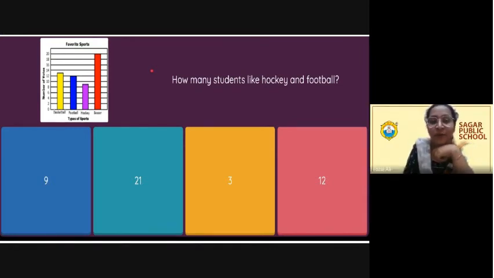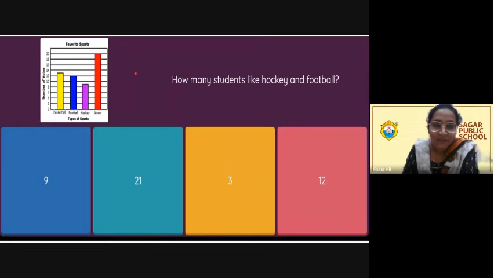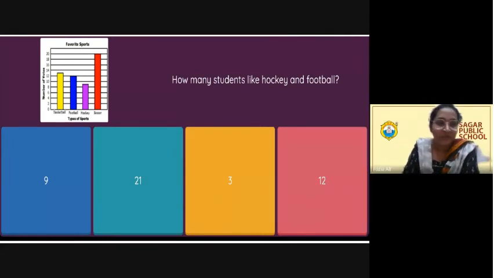Football how much and hockey how much? Ma'am, in hockey, between 8 and 10, so it will be 9. And in football, there is a line given, so till that it is 12. So we will add 12 and 9, so it will be 21. Very good, Agastya. So answer is 21.